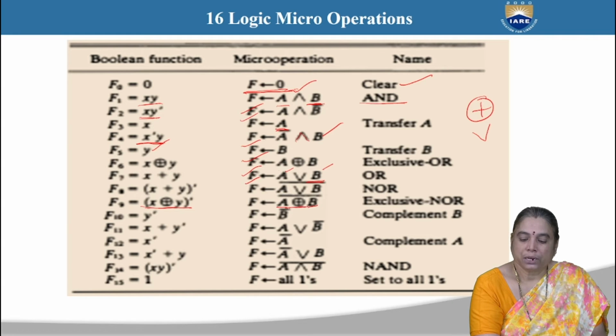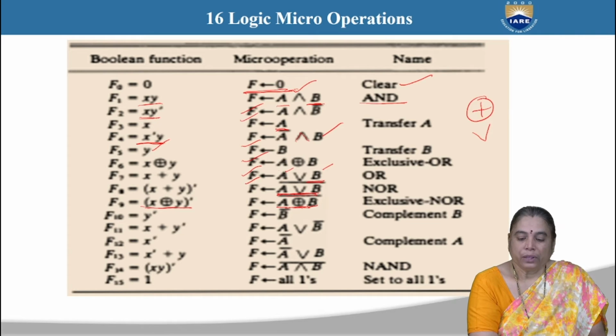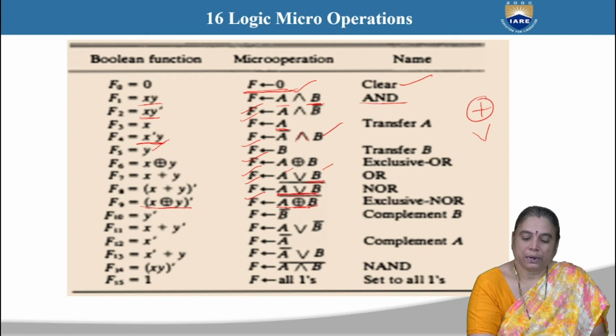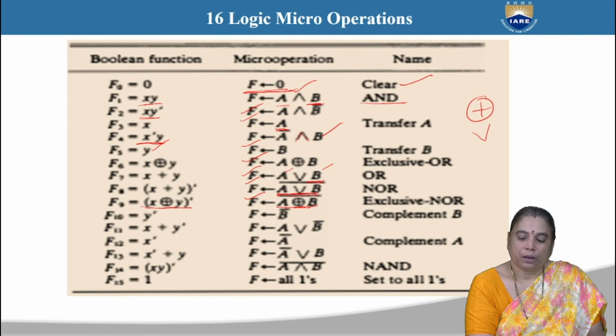Exclusive OR operation can be performed between the A register and the B register, and to represent the whole complement, the complement operation can be applied. So the result can be transmitted to F. So this is the RTL representation of exclusive OR operation whole complement.